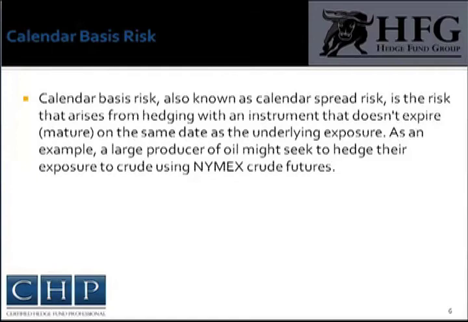NYMEX crude futures expire in the middle of the month prior to the delivery month. On the surface, it appears that a consumer or producer is forced to accept the basis risk and decide between hedging with one futures contract or another, as they have exposure across the entire month.